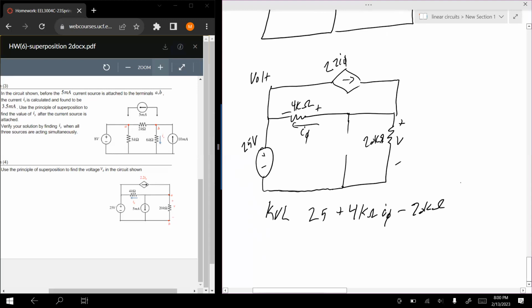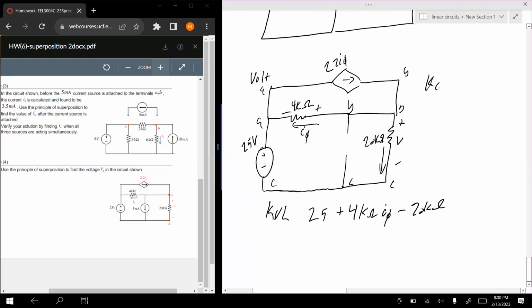Now, here's one thing though. We don't know the current flowing through there. So this, we don't know it. So let's label our nodes. Hold on. Let's try to problem solve this. I may have A, B, C. Okay.